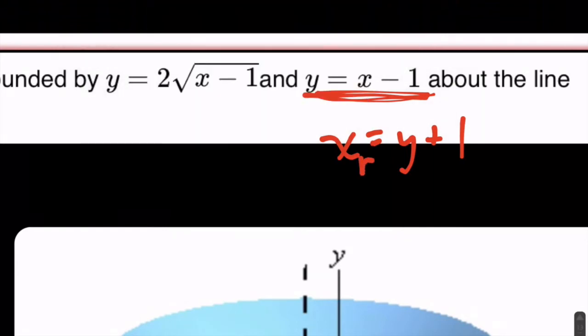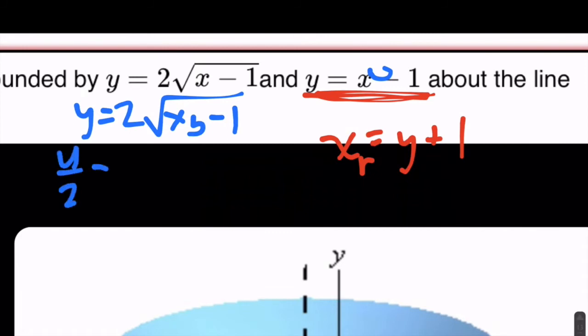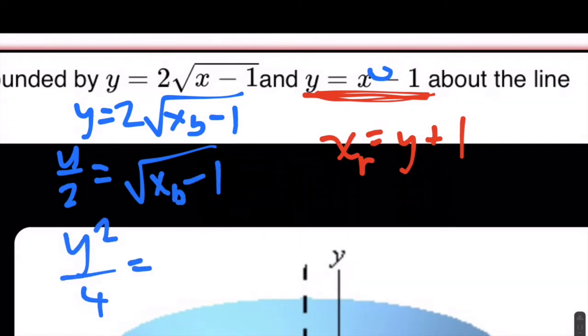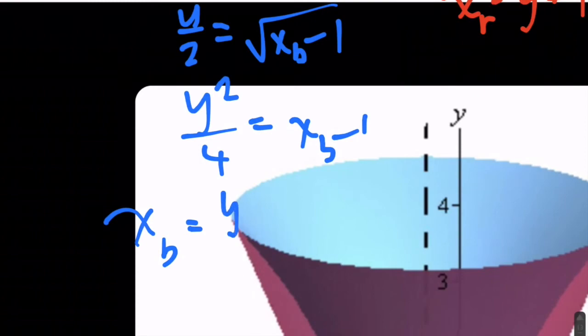Now to find x of b, we would convert this to terms of x, just like we did for this one right here. So this would be y equals 2 times the square root of x of b minus 1. So you divide each side by 2, so you get y over 2 would equal the square root of x of b minus 1. Square both sides, you get y squared over 4 would equal x of b minus 1. So you get ultimately that x of b would equal y squared over 4 plus 1.